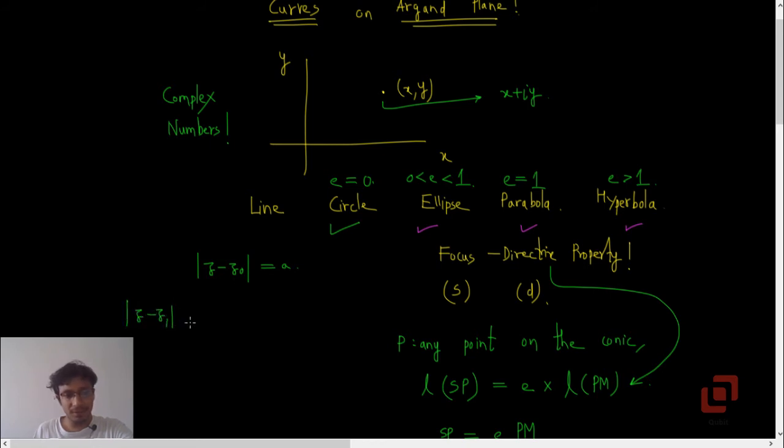Mod of z minus z1 plus mod of z minus z2 equal to constant, where z1 and z2 are the foci and the constant is the length of the major axis of the ellipse. And for a hyperbola it is mod of z minus z1 minus mod of z minus z2 equal to constant. Again z1 and z2 are the foci of that particular hyperbola.